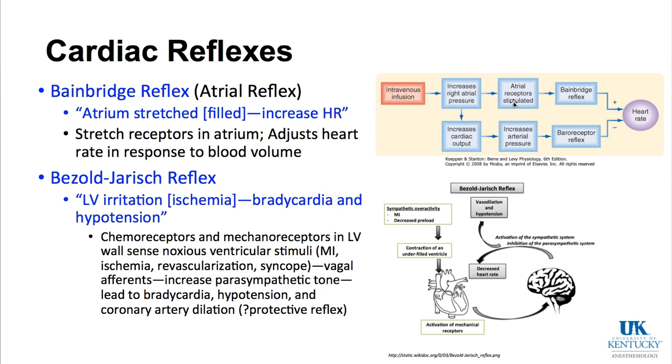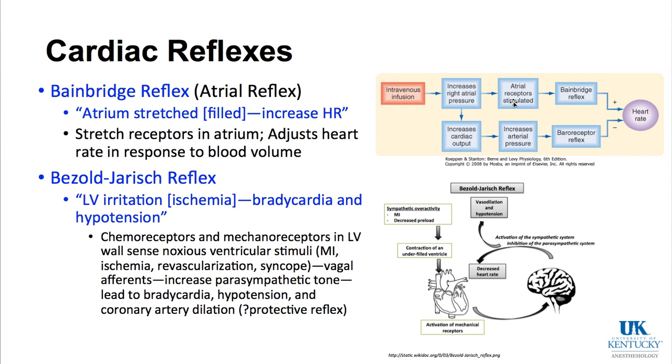And so young, healthy patients can get severe bradycardia and even arrest with high spinal anesthesia from vasodilation, from knocking out the cardioaccelerators, and from the basically reverse of the Bainbridge reflex, which is a decrease in heart rate when the atrium is underfilled. Bezold-Jarisch reflex is when you have irritation, for example, of the left ventricle from ischemia. You can get bradycardia and hypotension.